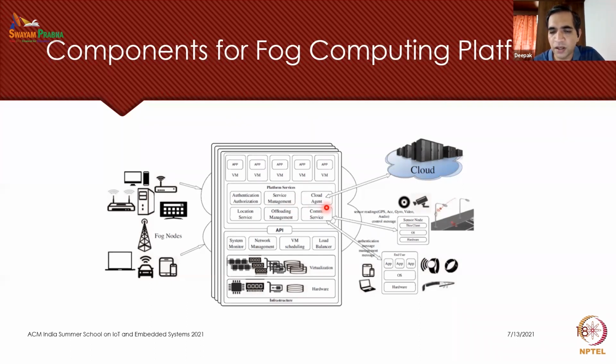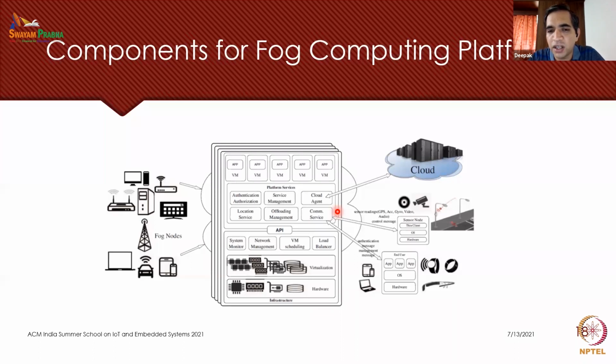Then there is a functionality, or a block, which is called the cloud agent. Typically, as I already mentioned, a fog node is not a node sitting isolated from the rest of the infrastructure, right? Cloud is still a part of the whole hierarchy.